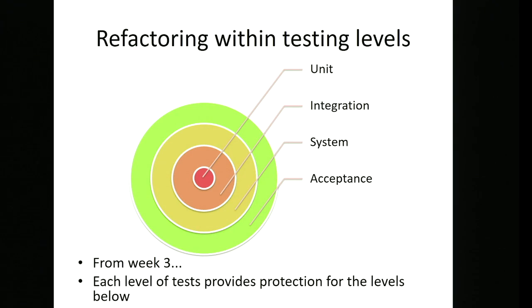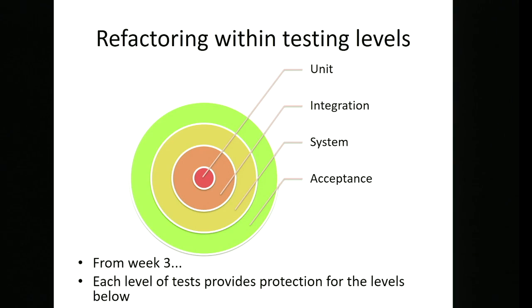So, for example, if we do need to change the way some of our code works at the unit level, and we do need to change the interface there because we can see a new function on the horizon, then we can call it a refactor within the integration tests, in the sense that we make sure that the integration tests all still pass, and so on.